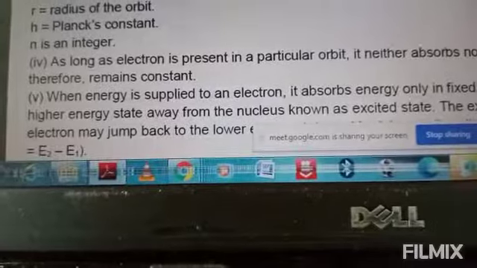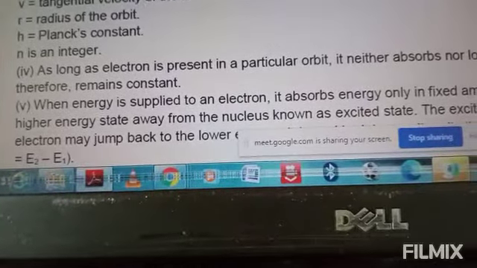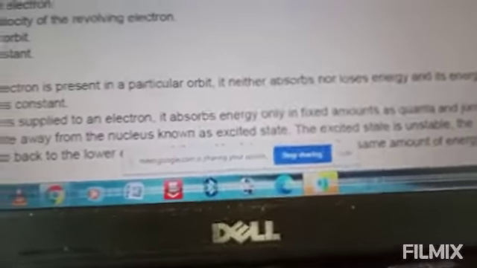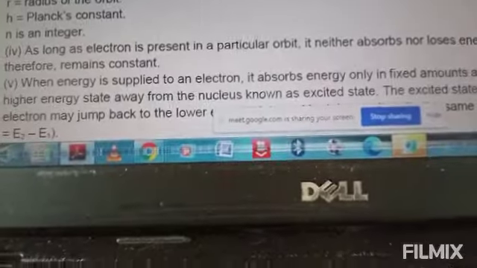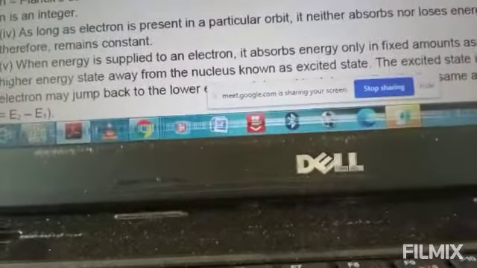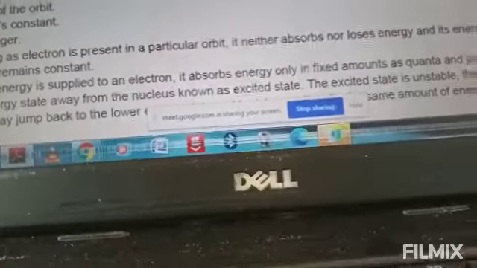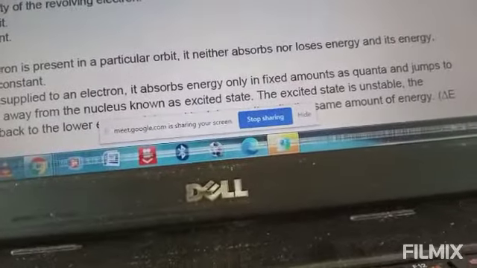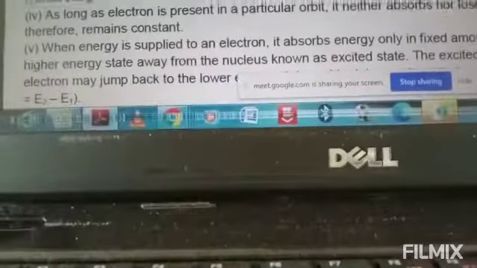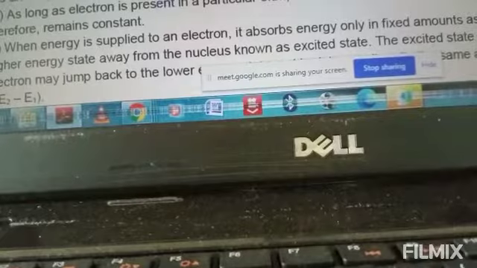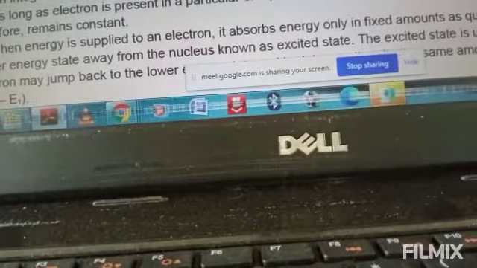As long as the electron is present in a particular orbit, it neither absorbs nor loses energy. That means the energy remains constant. And in the fifth point, when energy is supplied to an electron, it absorbs energy only in a fixed amount of quanta and jumps to a higher energy state away from the nucleus, known as an excited state.